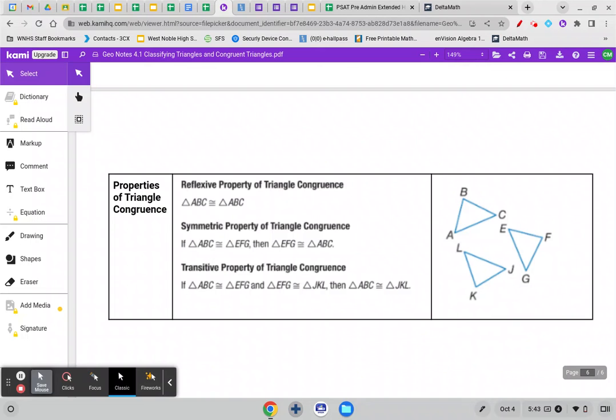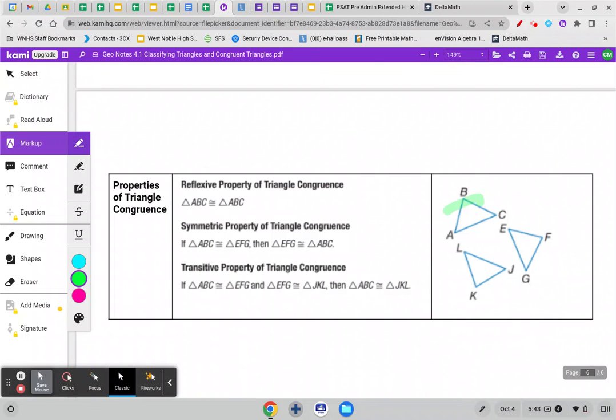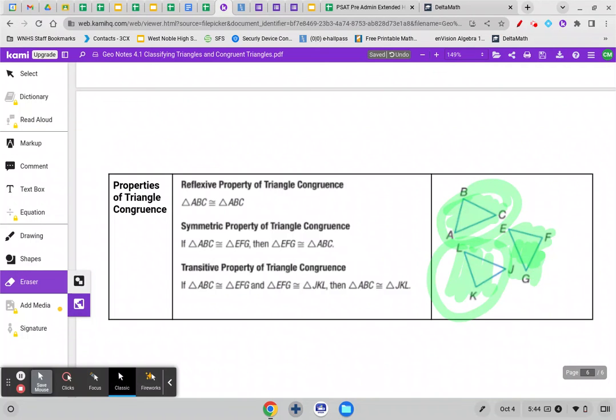And for the transitive property, if you have three triangles, and this triangle and this triangle are congruent, but you also know that this triangle and this triangle are congruent, then this one and this one also have to be congruent. You can just skip the middle step, basically.